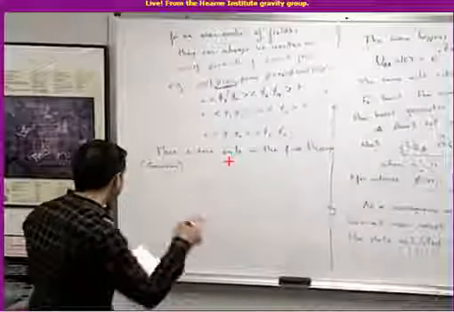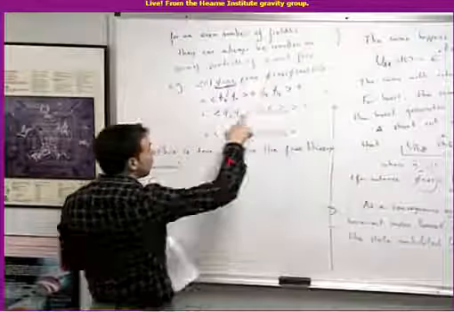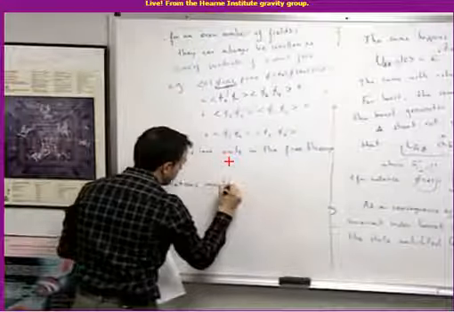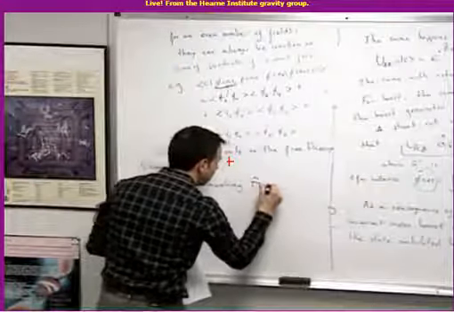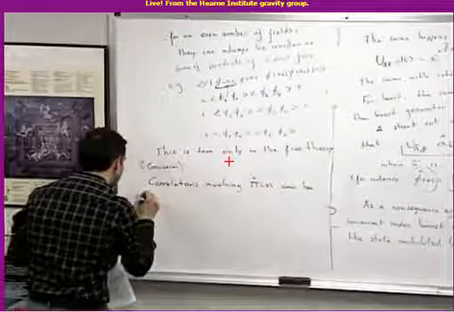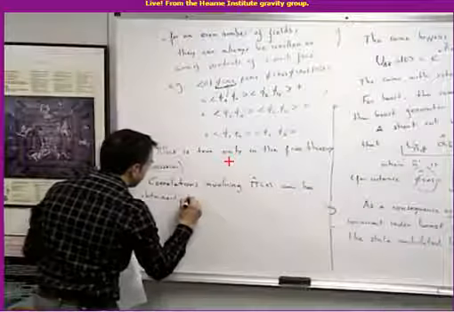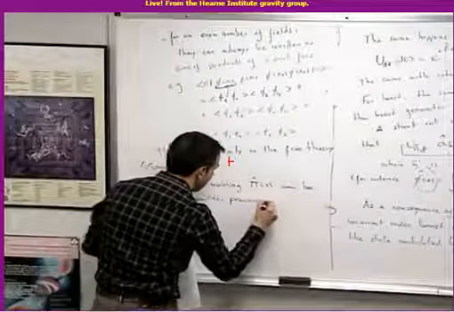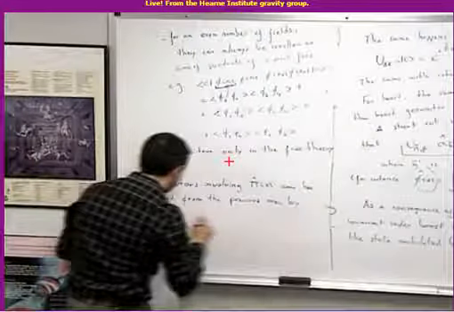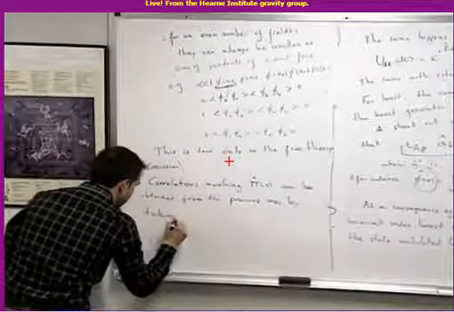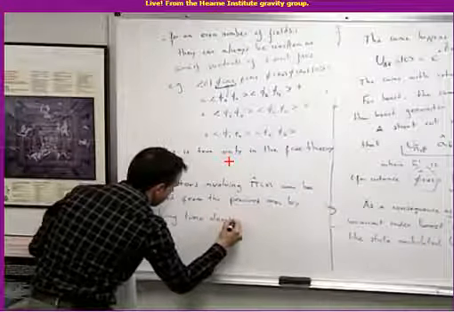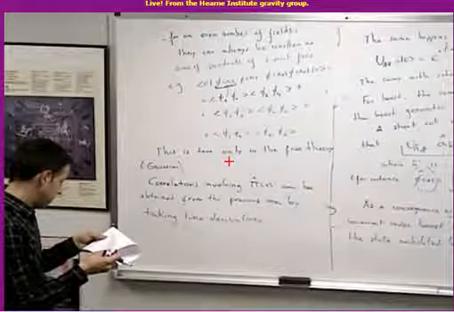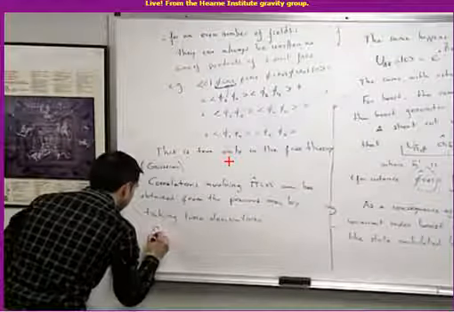And so this is for correlations involving the field, but correlators involving the conjugate momenta can be obtained from the previous ones by taking time derivatives. And excited states.